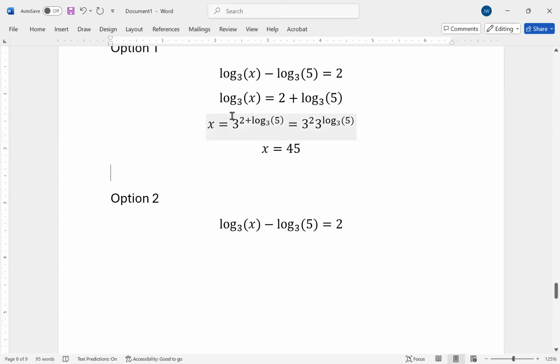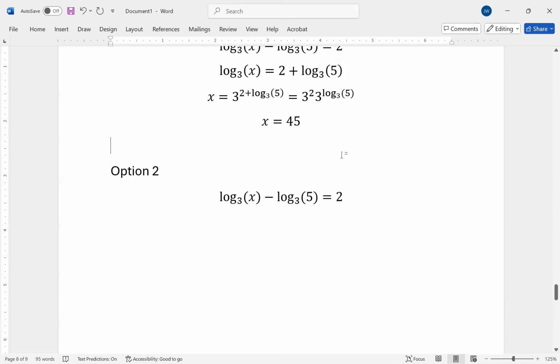Now that's one option. This option forced me to add log base 3 of 5 to both sides. Another option is to rewrite this left-hand side as a single logarithm using the quotient rule of logarithms. The quotient rule says if I take log base 3 of x minus log base 3 of 5, I will get log base 3 of x divided by 5.